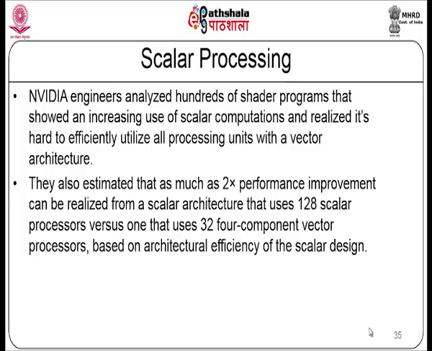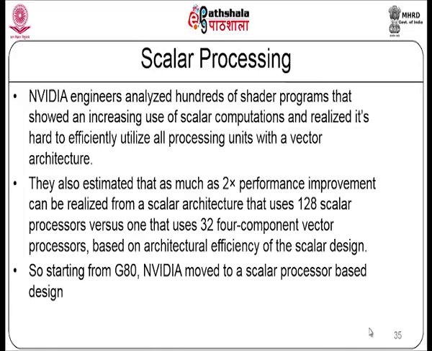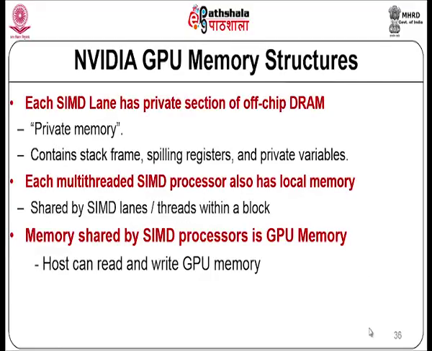They also estimated that as much as 2x performance improvement can be realized from a scalar architecture that uses 128 scalar processors versus one that uses 32 4-component vector processors, based on architectural efficiency of the scalar design. So, starting from G80, NVIDIA has moved on to a scalar processor based design for GPUs.